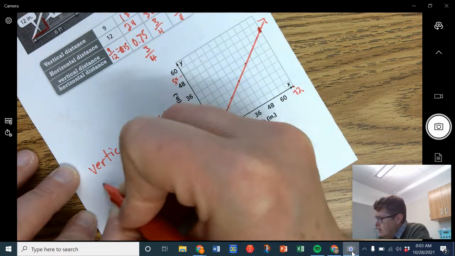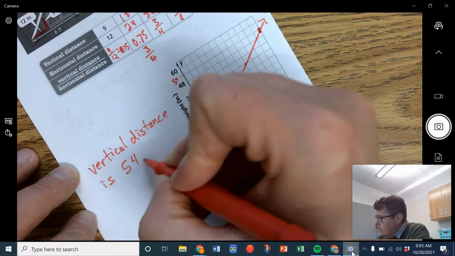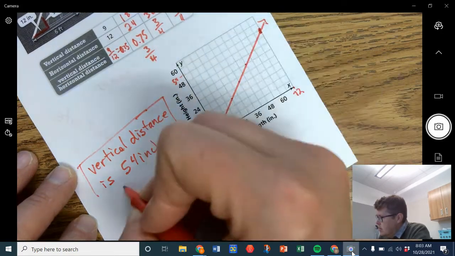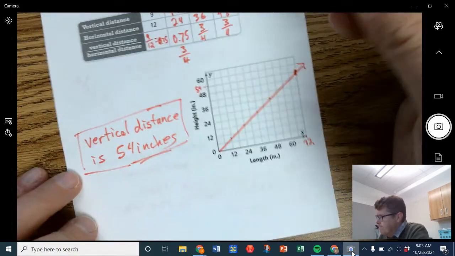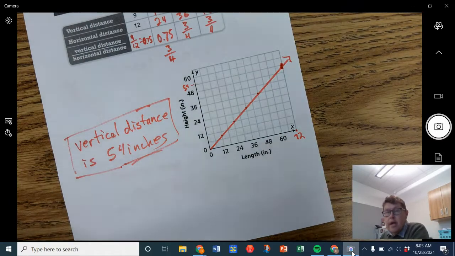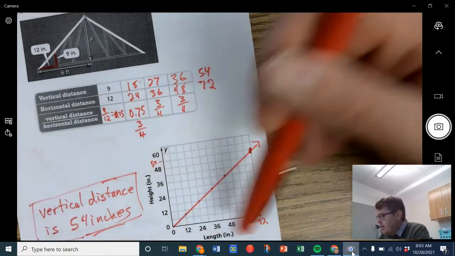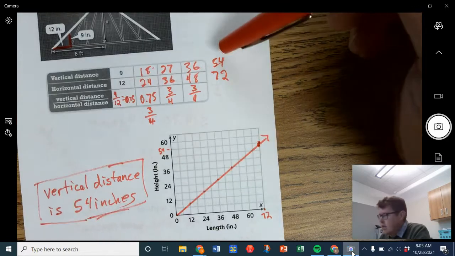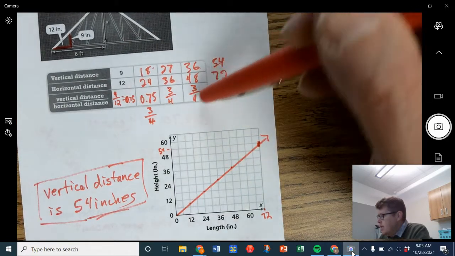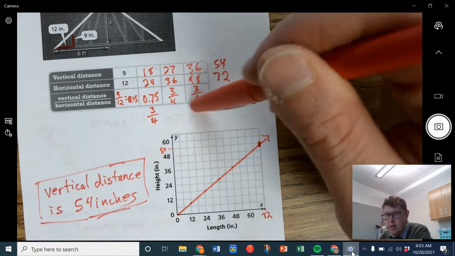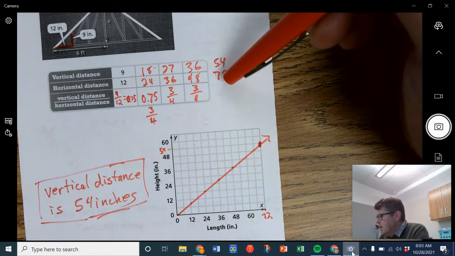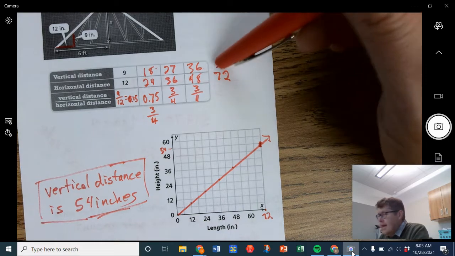Okay, so our vertical distance is 54 inches. And so we extrapolated off the graph right here. If you wanted to, you could also use the slope, that's what it's called, to figure that out, because we need to find that x value.